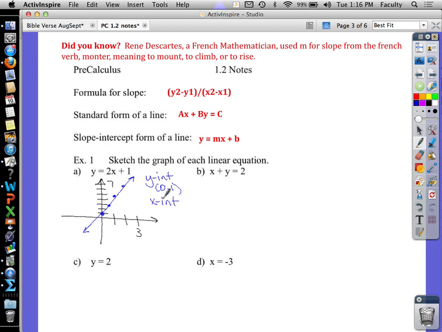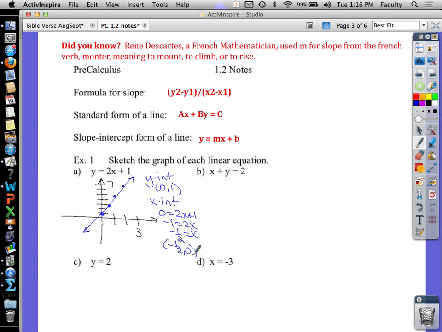Now we refreshed our memory yesterday. How do you find an x-intercept? Rachel? Good. Plug in 0 for y and solve for x. So I would subtract 1, divide by 2. So I have an x-intercept of (-1/2, 0). And you can see my line is really hitting that.